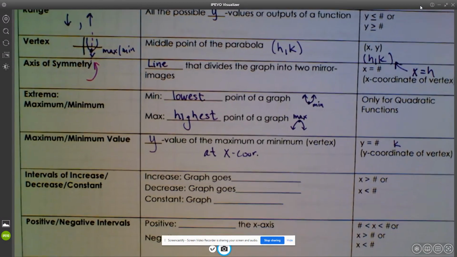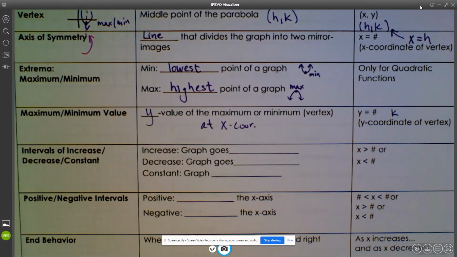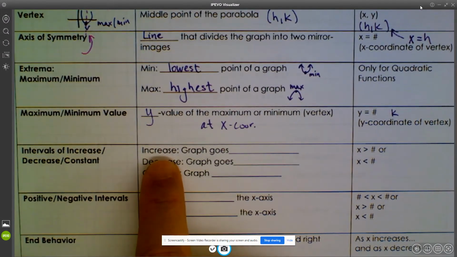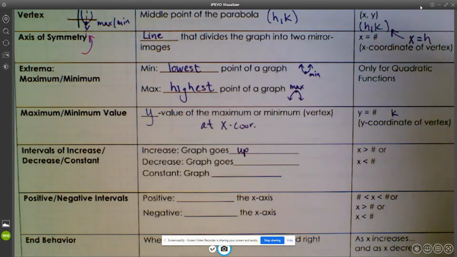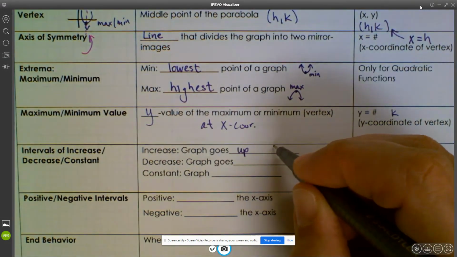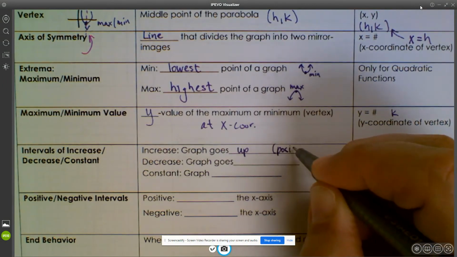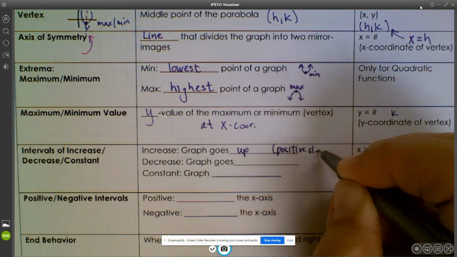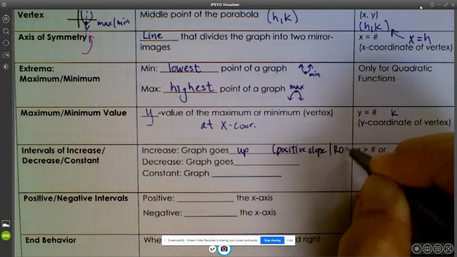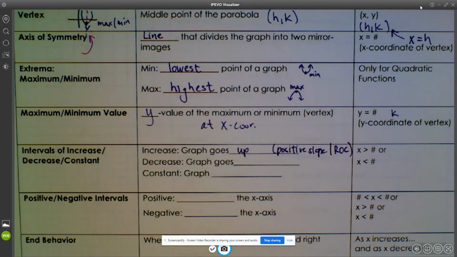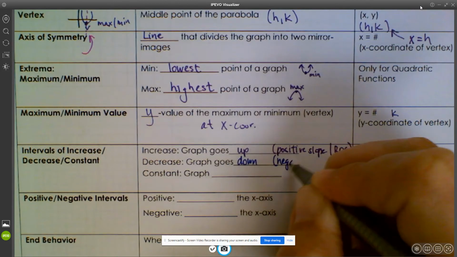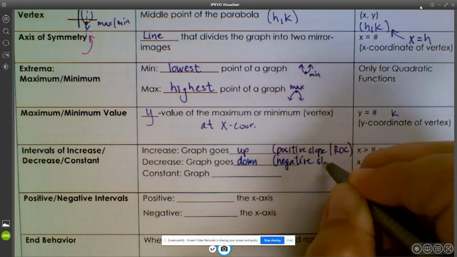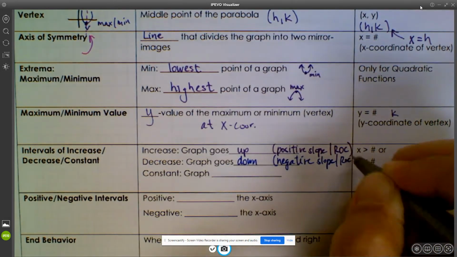When we look at intervals of increase or decrease, when we're looking for where the graph increases, that's where the graph goes up. That's where we have a positive slope or a positive rate of change. Okay? We'll have a decrease when the graph goes down, and that's where we'll have a negative slope or rate of change.